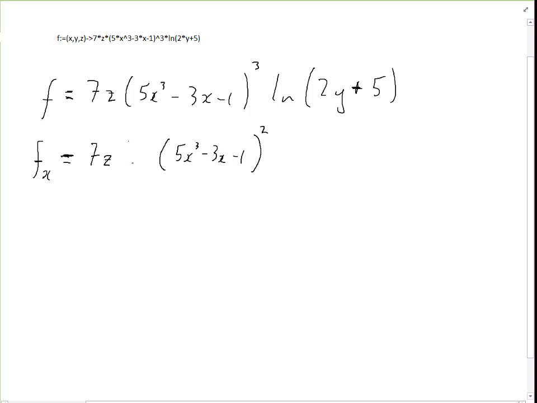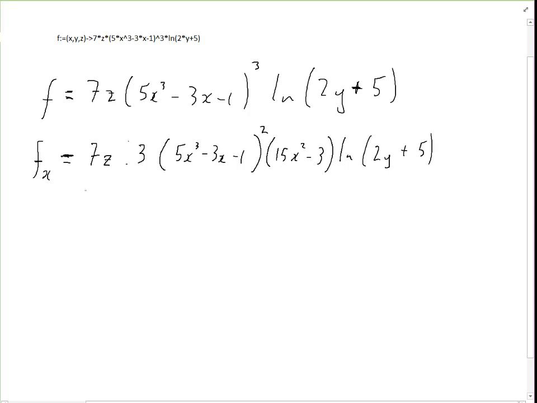So as well as times 3, from here, we also have to multiply by the derivative of this, which is 15x squared minus 3. So that's the chain rule operating on this. 3 multiplies here, and then you also multiply by 15x squared minus 3. And this is still constant, so that still sits there. Log of 2y plus 5.